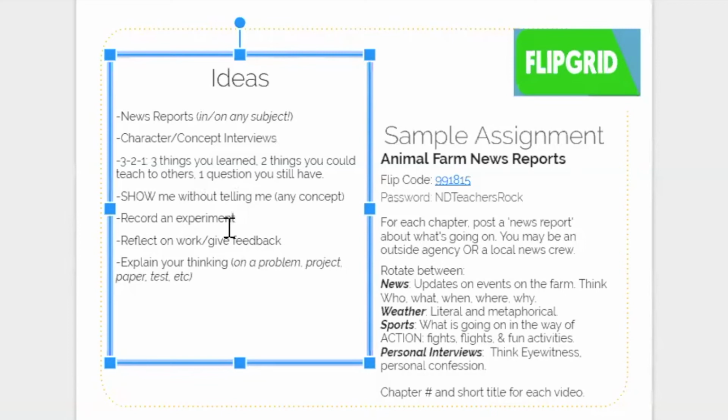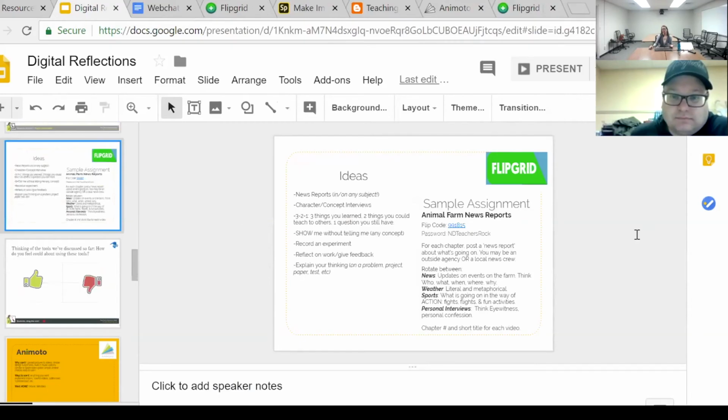I love this because it takes away the tension of writing. For a lot of kids, even in high school, they get so hung up in the spelling and the wording and how to phrase things. I love that this is just a video and the kids don't have to write anything, but they are still very much reflecting on what they're doing. So that's FlipGrid.